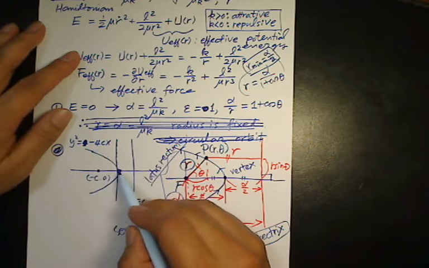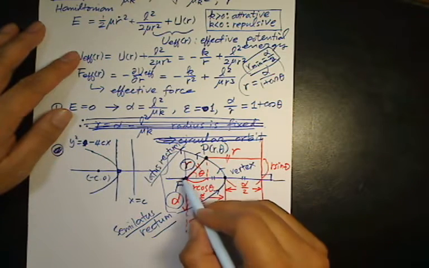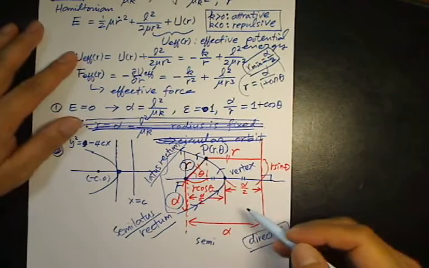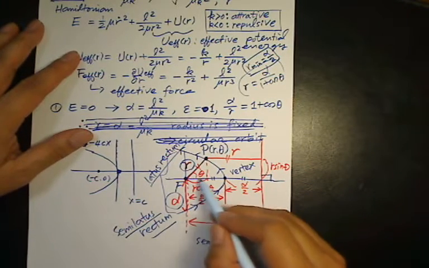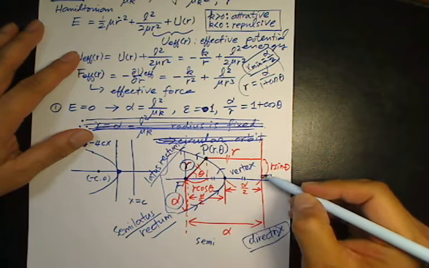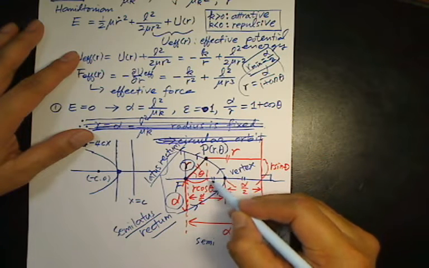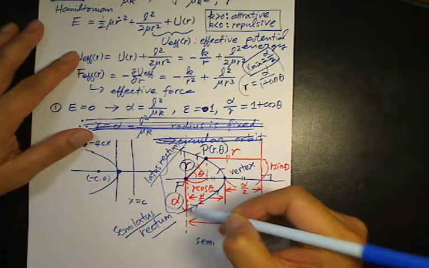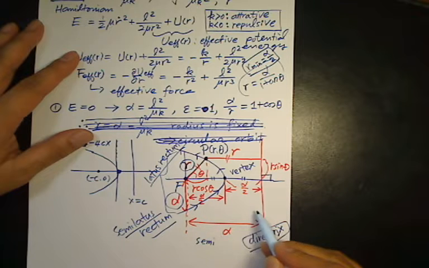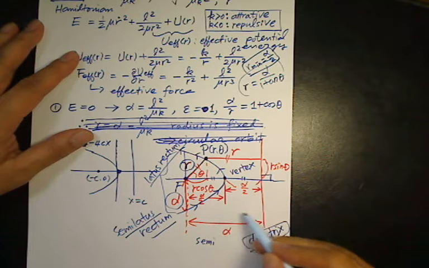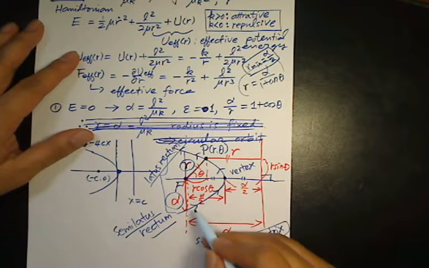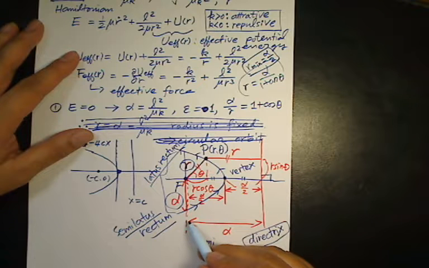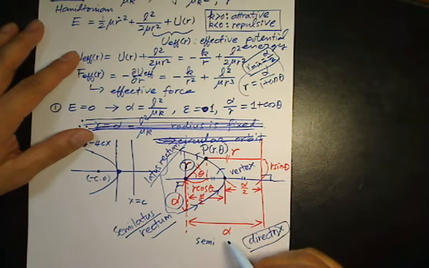When the origin is at the vertex, this is the vertex, this is the focus. All right. If I draw a straight line along the symmetry axis, the distance between these two is the same. If I put a straight line, this is a semi-latus rectum, and this distance should be the same as this distance to the directrix. Therefore, this is alpha and this is alpha. Okay? The distance between focus and directrix is alpha in the case of parabolic orbit.